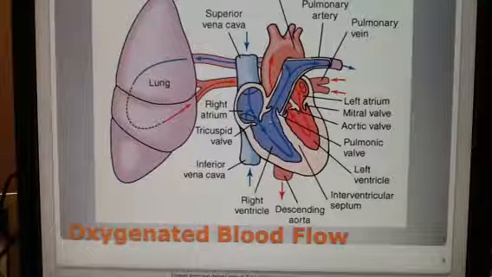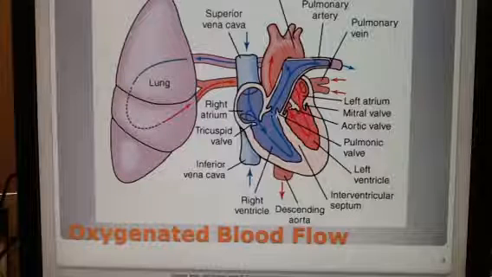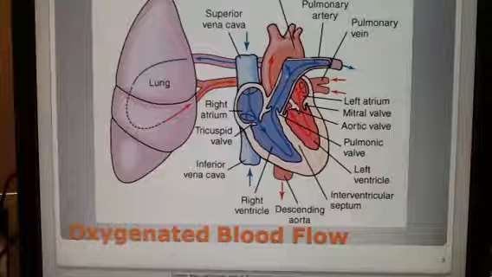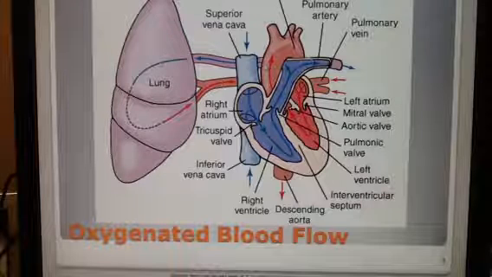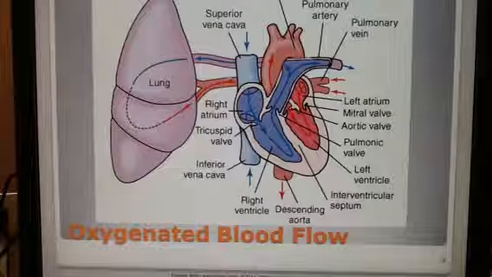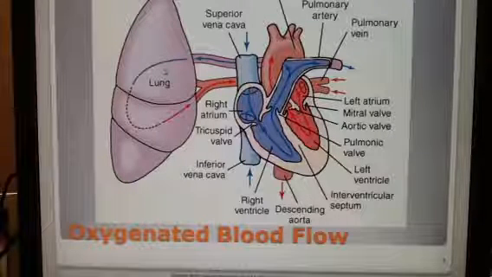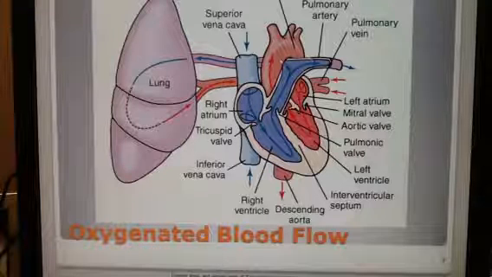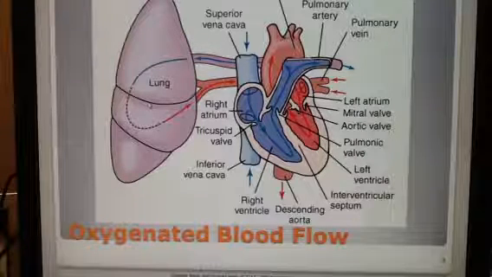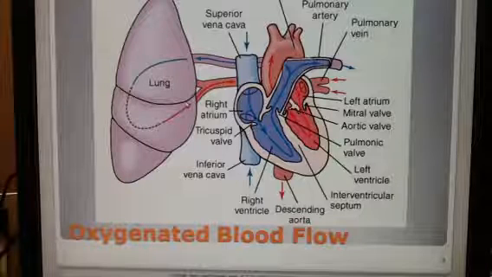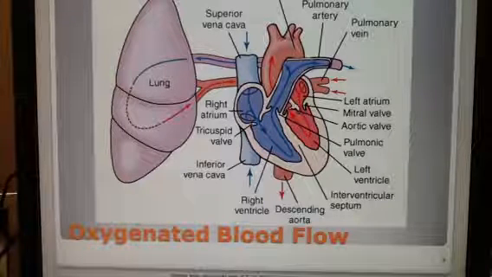Then the blood flows up through the pulmonary semilunar valve into the pulmonary artery. The pulmonary artery branches off to hit both lungs. The deoxygenated blood goes into the lungs for gas exchange, and that's where the blood becomes oxygenated again.